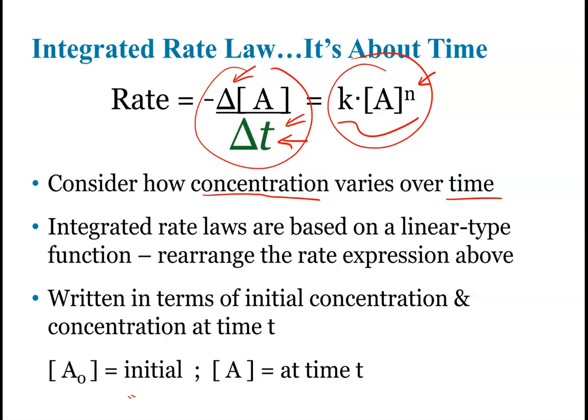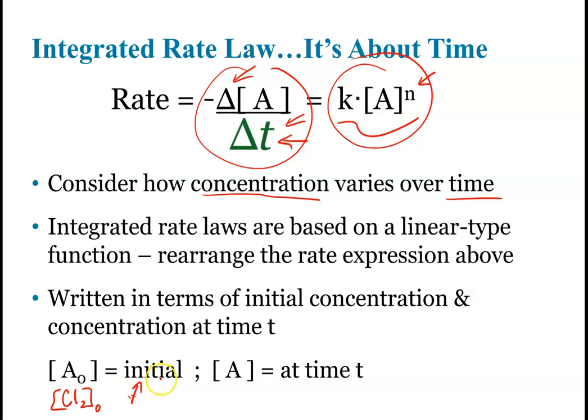Because we are going to be talking about concentration over time, we're going to differentiate between two concentrations. The initial concentration is going to be designated by A0, or let's say it's chlorine, it would be the concentration of chlorine 0. In other words, the concentration of chlorine at time 0.